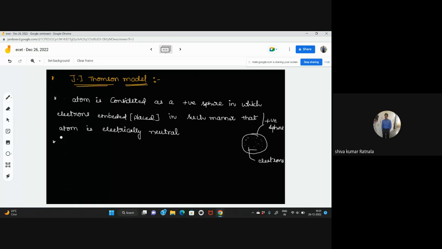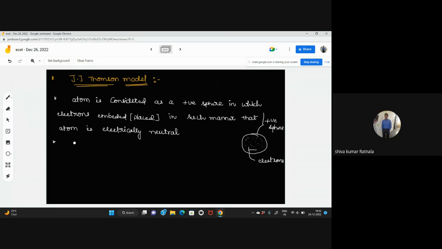Now this outer sphere is there, no? If we are considering the outer sphere as the outer layer of a watermelon, these electrons are nothing but black seeds of a watermelon.